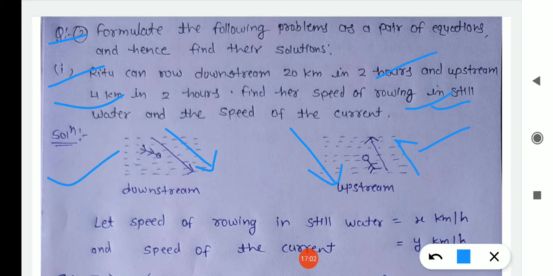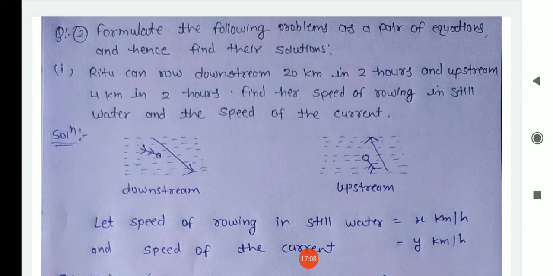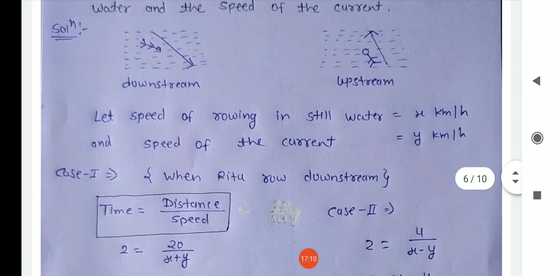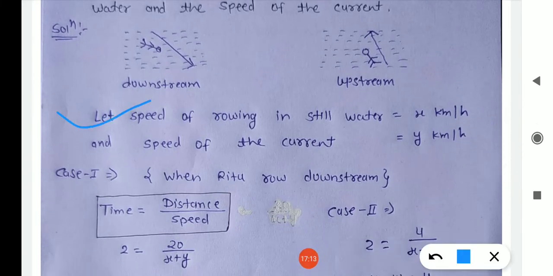So the current direction and Ritu's direction are opposite. It means it is negative. This is the case of upstream. So what I do? First I take the speed of rowing in still water as x kilometer per hour, and the speed of the current as y kilometer per hour.